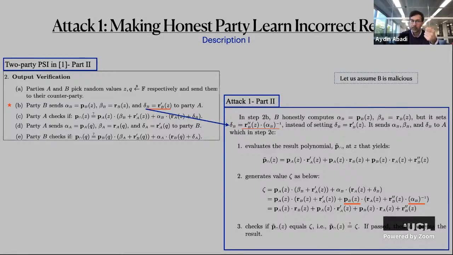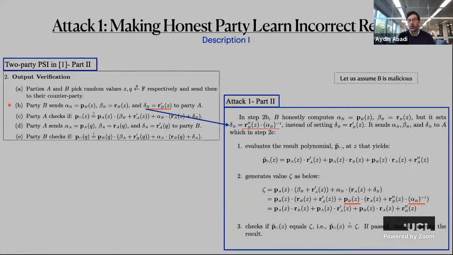This value is the evaluation of the original polynomial P_B at Z, and then it computes the multiplicative inverse of this. Then it multiplies these two and sets delta_B as this value.